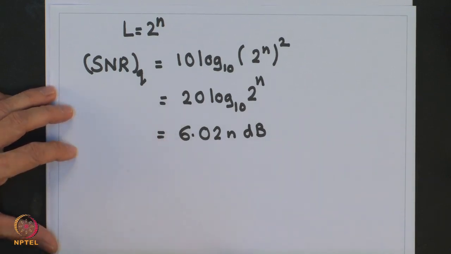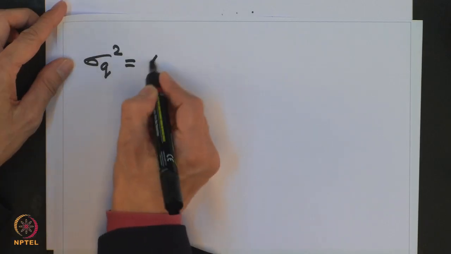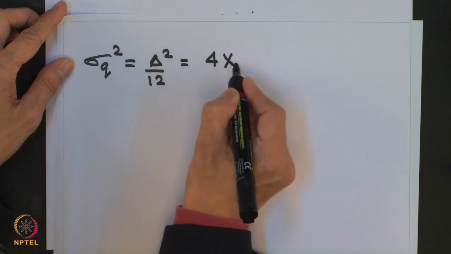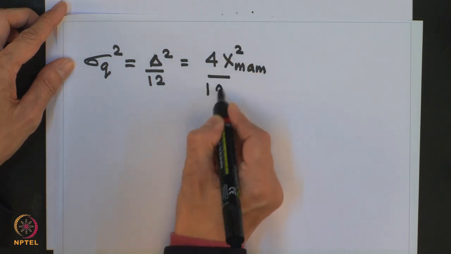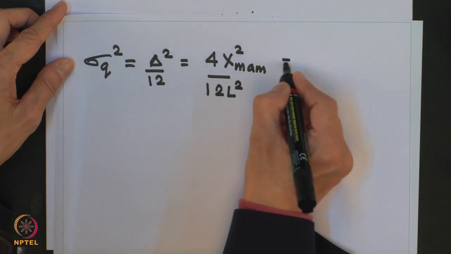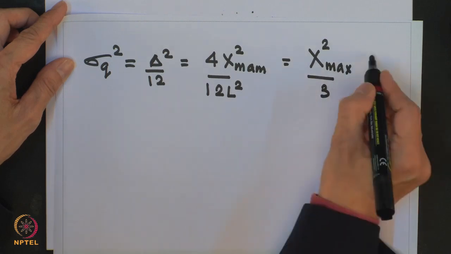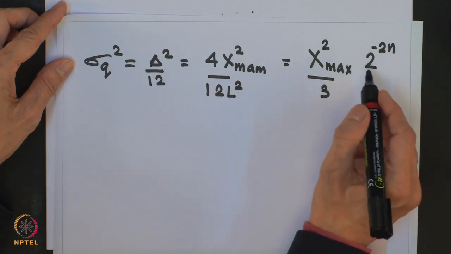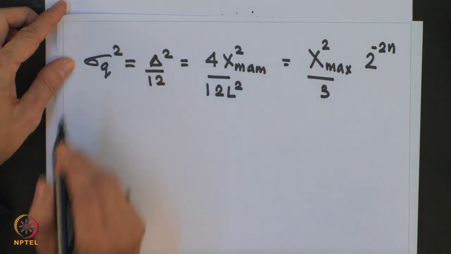So, we can also plot the distortion versus rate curve for uniform quantizer of a uniform random variable as follows. This is equal to, we just showed this equal to this. So, this is nothing but 4 raised to minus n. So, in this n denotes the rate, this denotes the distortion.